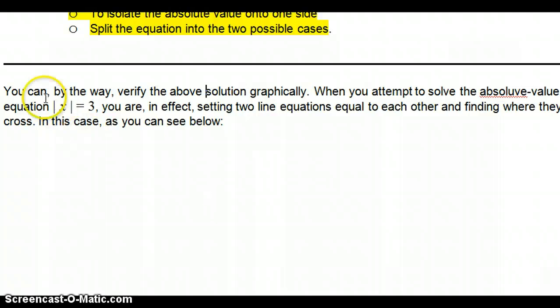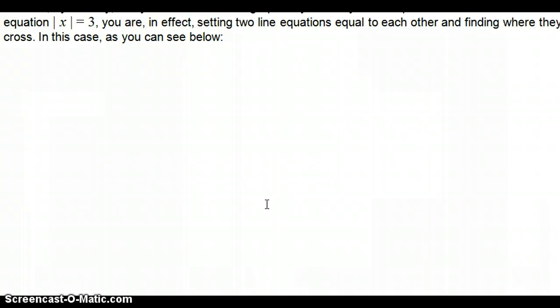We can also verify the above solution graphically. When you attempt to solve the absolute value equation, absolute value of x equals 3, you are in effect setting two line equations equal to each other and finding where they cross. In this case, as you can see below, can you guess what you're going to see?